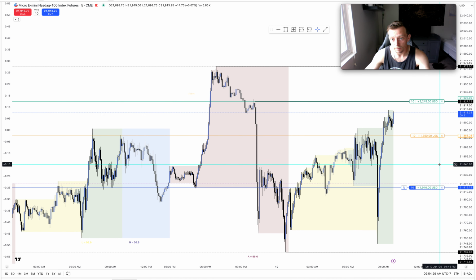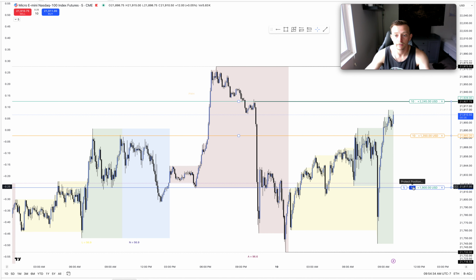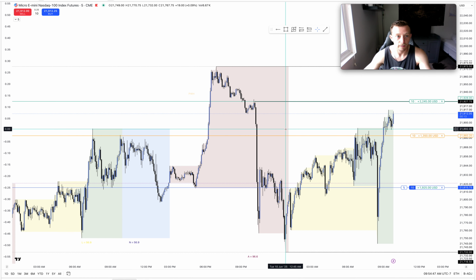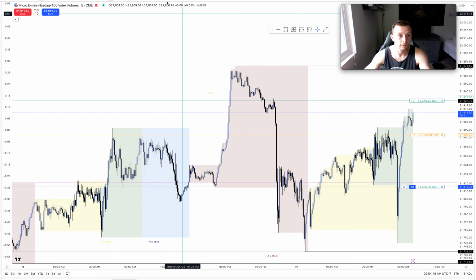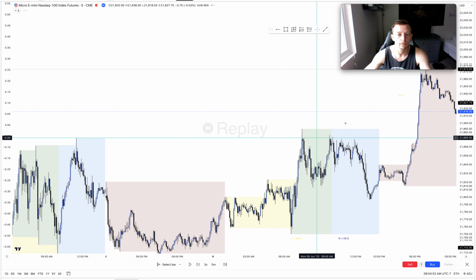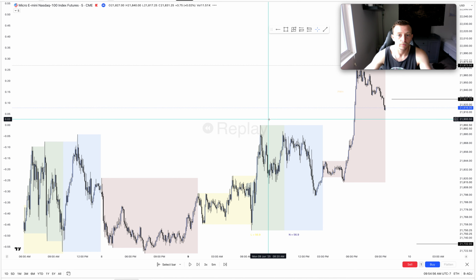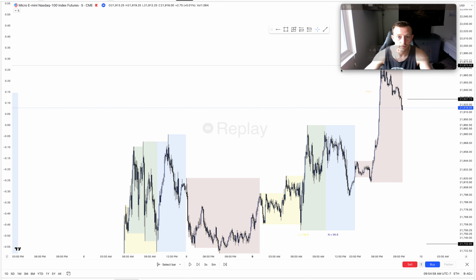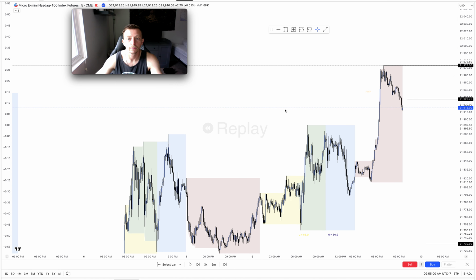I just took this trade with 10 micros, 1 mini, just to see if the trade would play out. Basically, it's playing out in my favor. So the trade I took last night was right here. So we could see that last night, can I move this? All right, there we go.